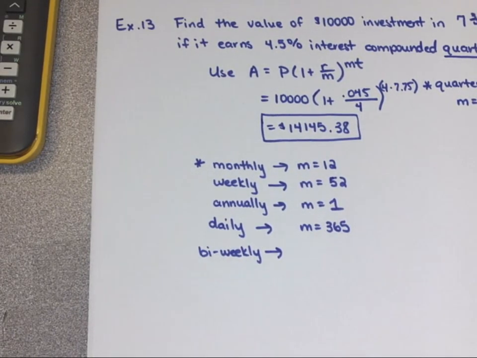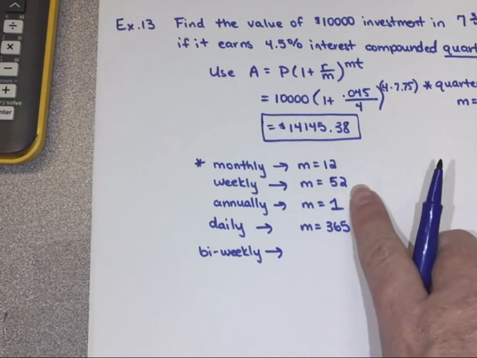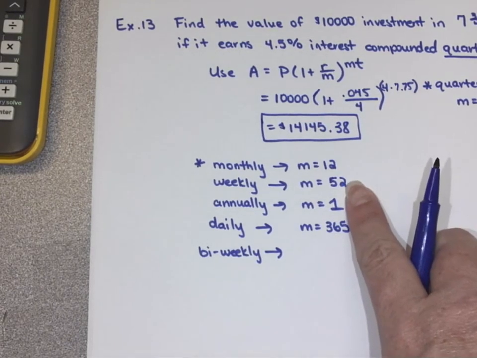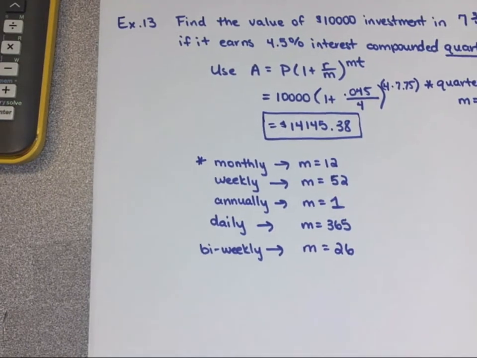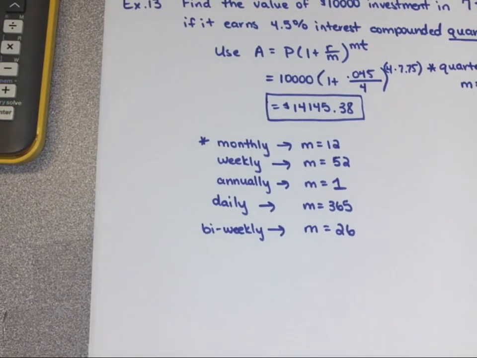What does bi-weekly mean? If you get paid bi-weekly, what does that mean? Every other week, right? So every 2 weeks, which means you can take the weeks and divide it by what? 2. So bi-weekly means 26. Okay? So sometimes there's semi-annual. I'm not going to include that one because I don't think that one's in any of the homework.